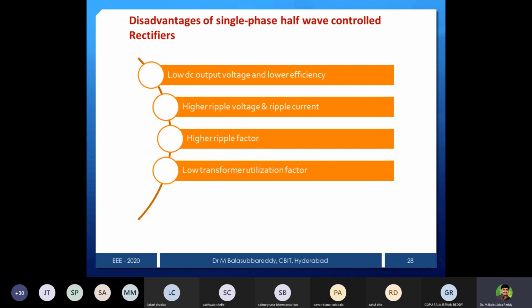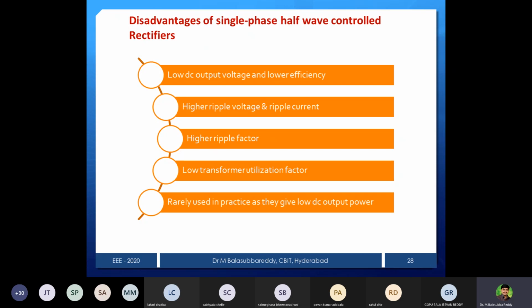Then low transformer utilization factor, obviously, because you are drawing power from the source only during the positive half cycle. During the negative half cycle, the transformer is isolated from the load and source. That's the reason we are not utilizing the transformer properly, so you can say low transformer utilization factor.